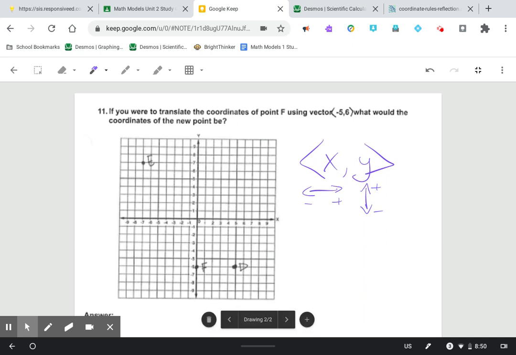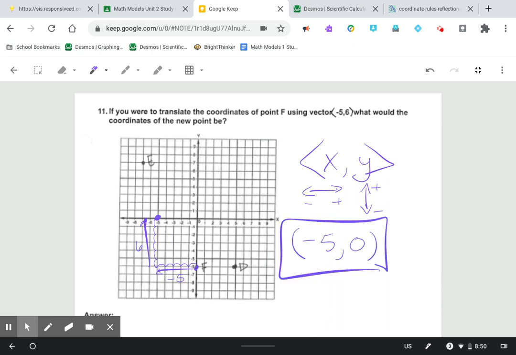So this says to take point F here and to go -5, that's going to be 1, 2, 3, 4, 5, and then up 6. 1, 2, 3, 4, 5, 6, right there. So that's -5, +6. And I end up right there, and that is the point -5, 0. And so that would be my answer.